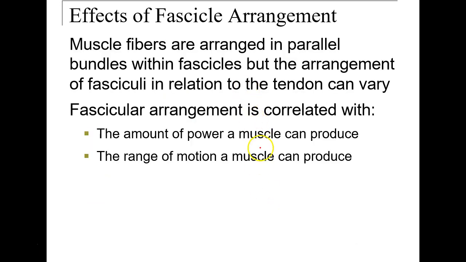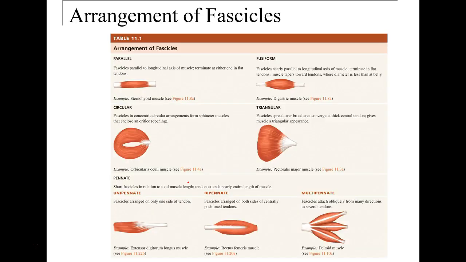Muscles are arranged in certain orders, with the muscle fibers being arranged within the fascicles. This is going to be how we produce a certain amount of power through a muscle, or the type of range of motion we can see, and we'll look at that. So we have a few different types of arrangements of these fascicles.